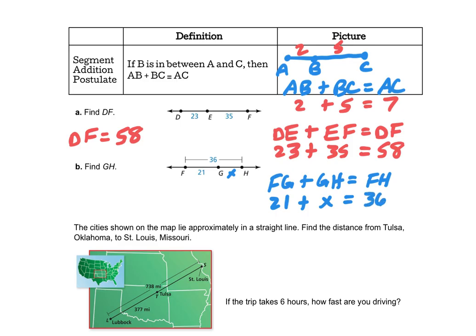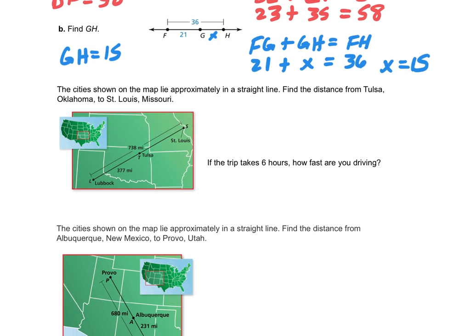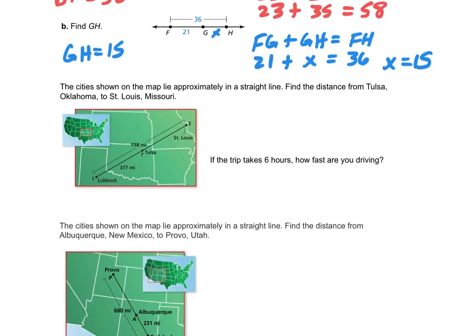So this time they give me the entire length and one of the small pieces, and I have to find the other small piece. Is this a pretty easy equation to solve? 36 minus 21. Just subtract 21. We would get 15. So we would say that GH equals 15. The math itself is not all that difficult, just making sure we pay attention and read the problem carefully as to what we're trying to do.